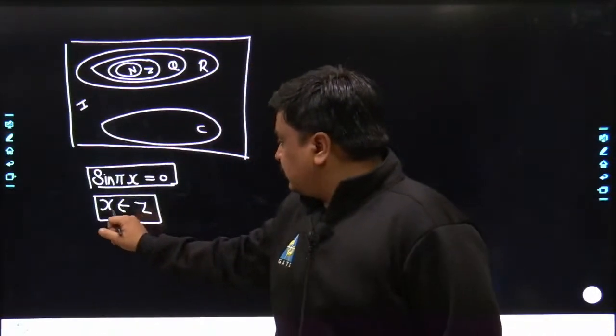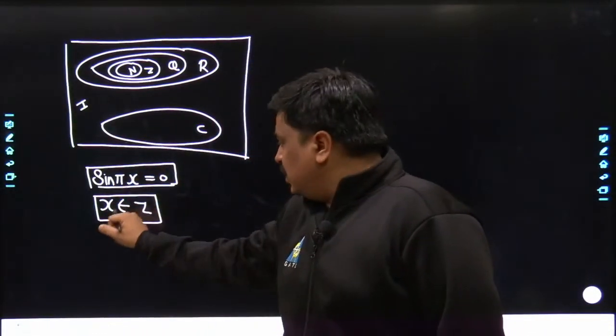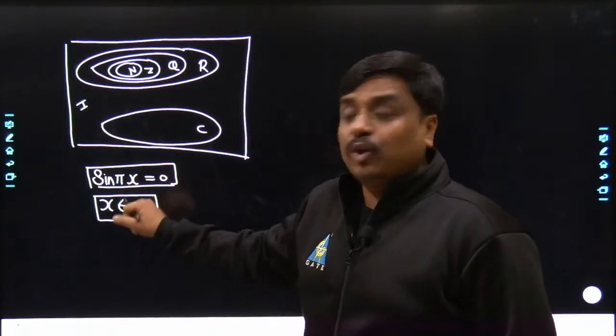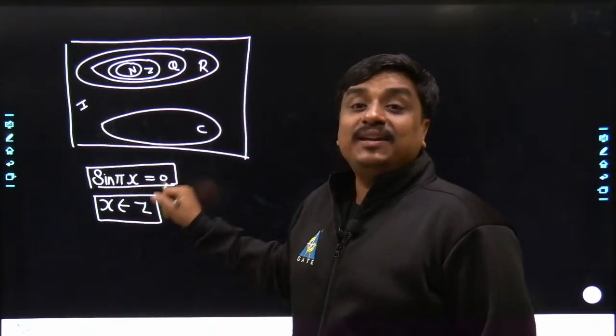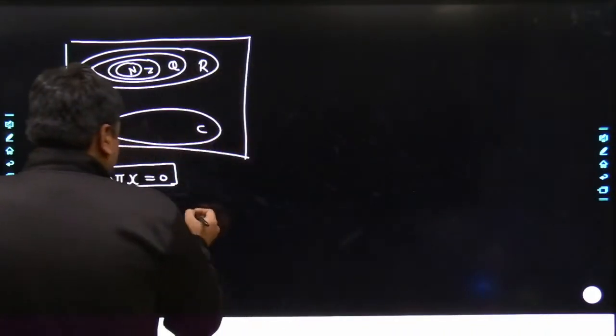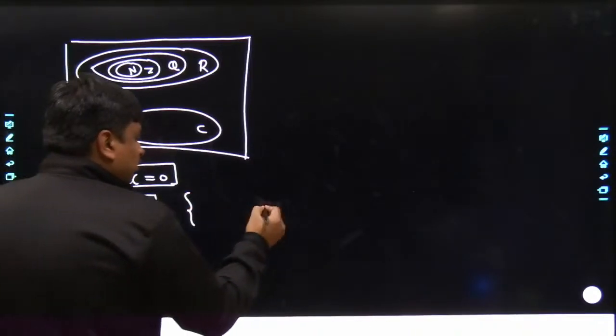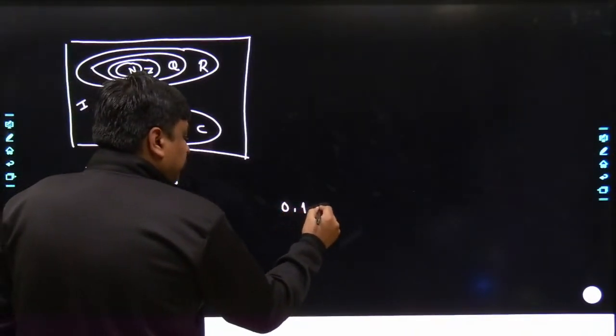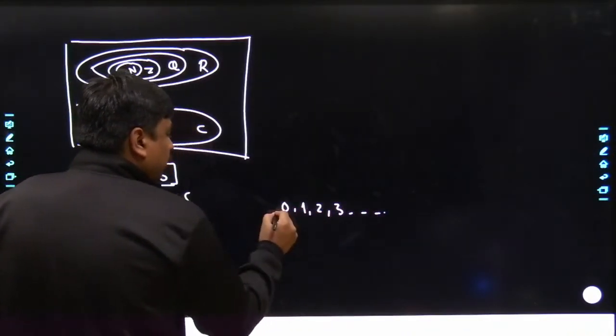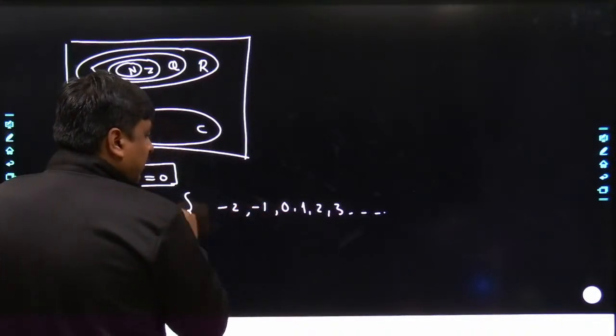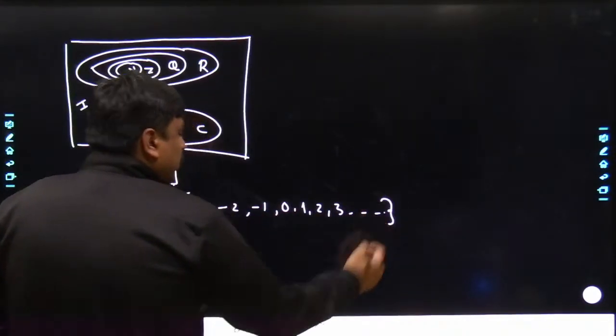So here the x is nothing but the independent variable. Here this sign indicates belongs to, Z is nothing but the integer. What does that mean by the integer? It can have all of the possible values like 0, 1, 2, 3, 4, 5, -1, -2, -3, and so on and so forth.